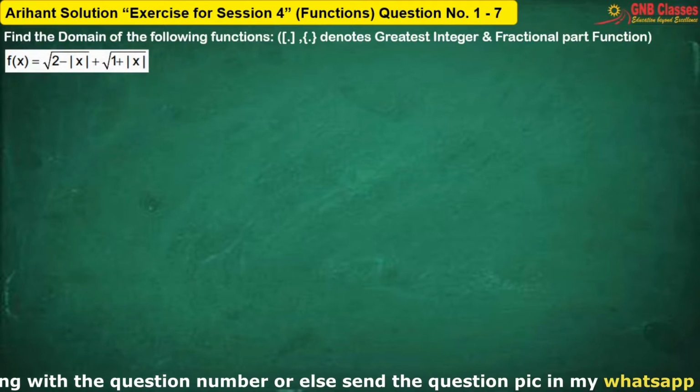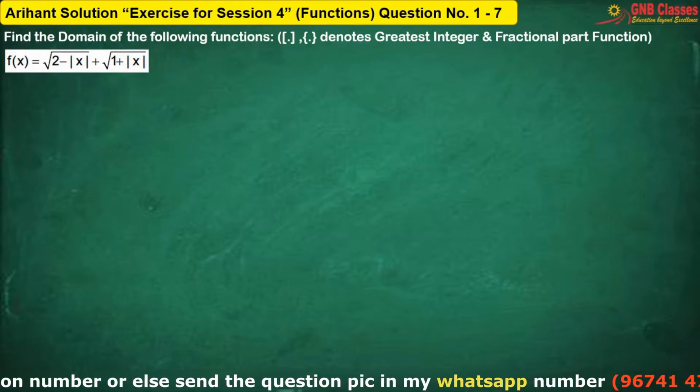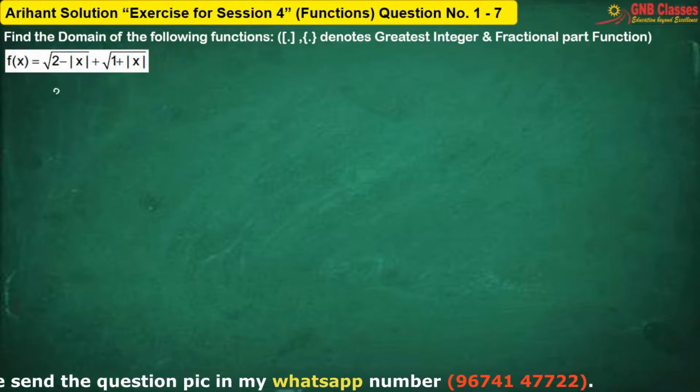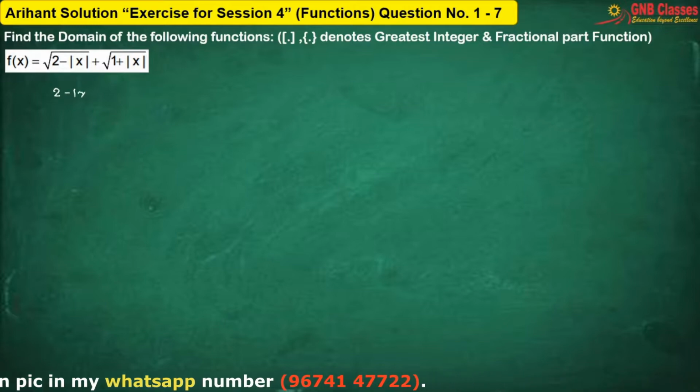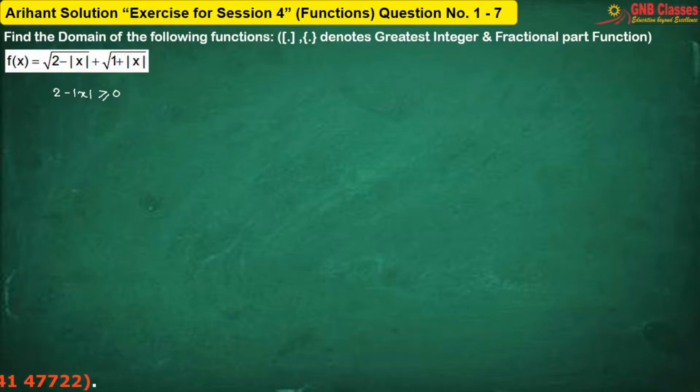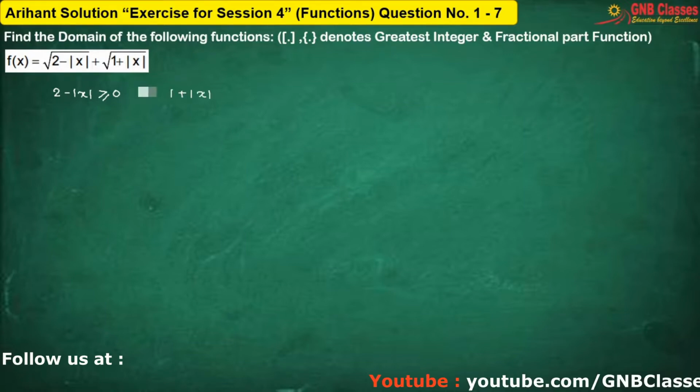In this function, if we want to define it, the expression which is within the root sign has to be greater than or equal to 0. So the conditions are 2 minus mod x has to be greater than or equal to 0 and 1 plus mod x has to be greater than or equal to 0.